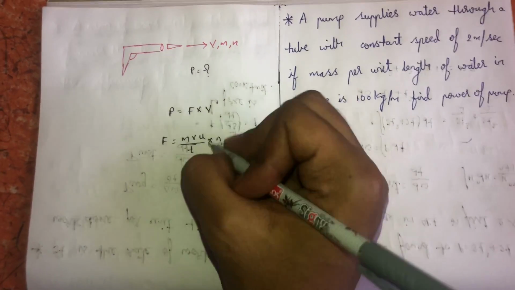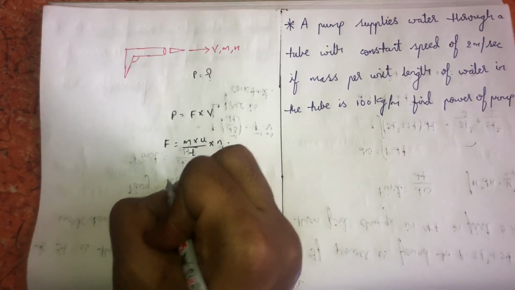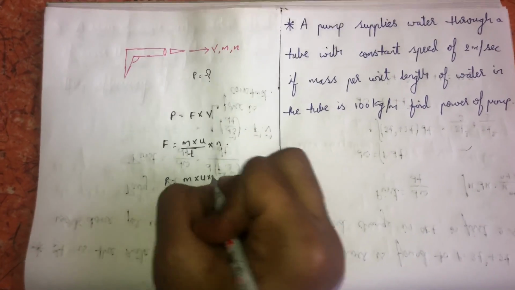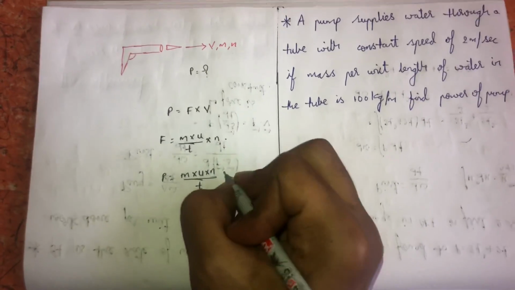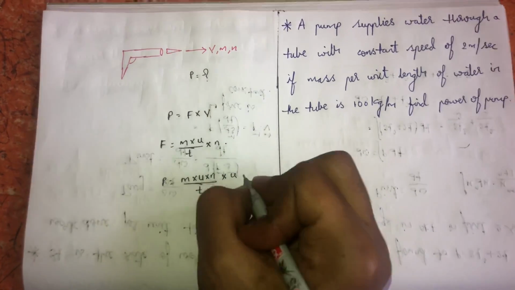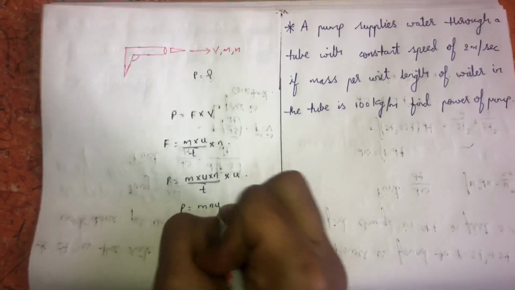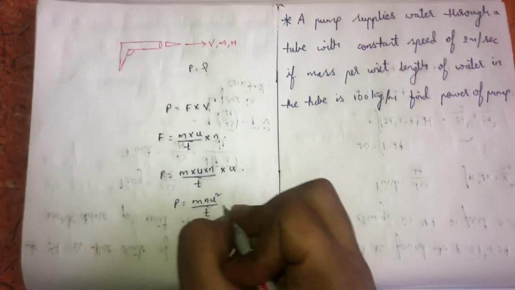So equating both, power will be equal to m into u into n by t, into u. So power will be equal to m n u square by t.